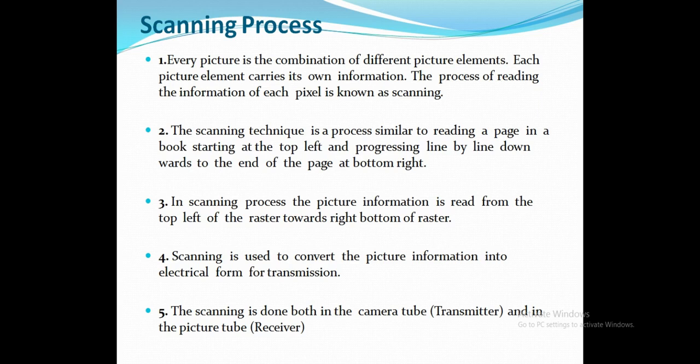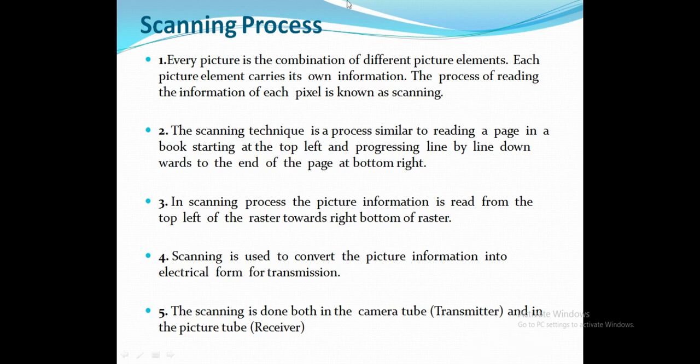The process of reading the information of each pixel is called scanning. It is the same as reading a page in a book, starting at the top left and progressing line by line downwards to the end of the page at the bottom right.